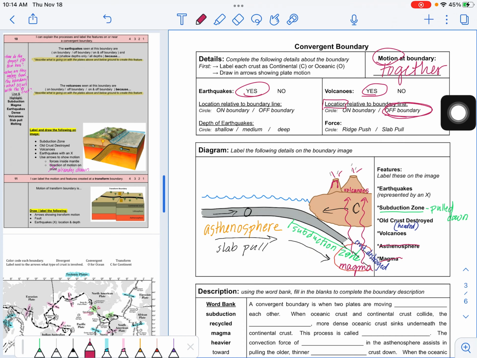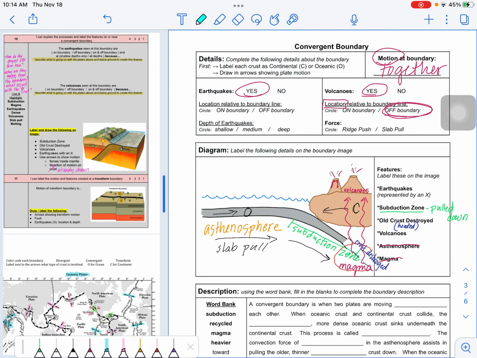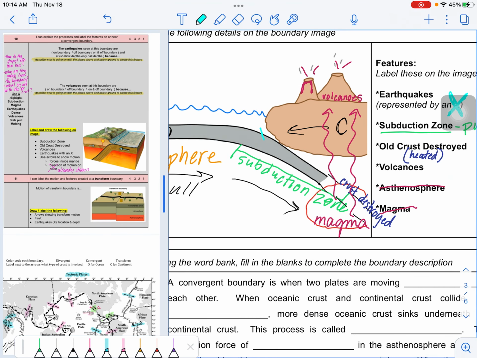So we're thinking about earthquakes, again, being marked with an X. I'm going to pick a bright color again. Those earthquakes are happening anywhere where that crust is moving. So as it's being forced down, that oceanic crust more dense being forced down underneath the less dense continental, I'm getting earthquakes all along my subducting plate.